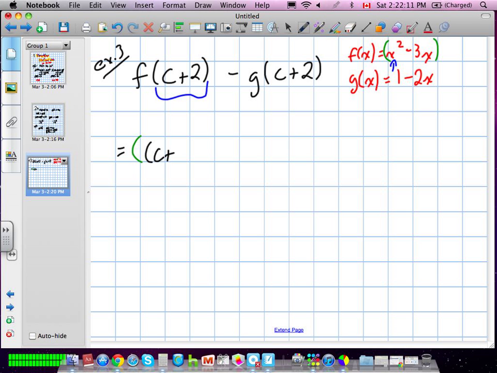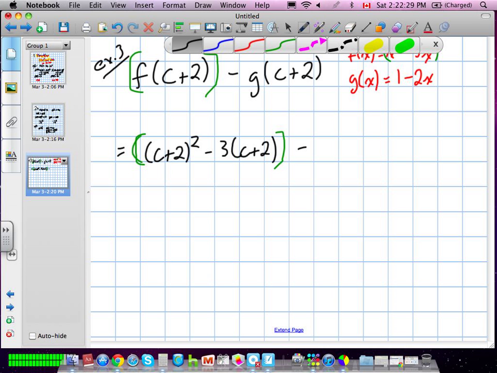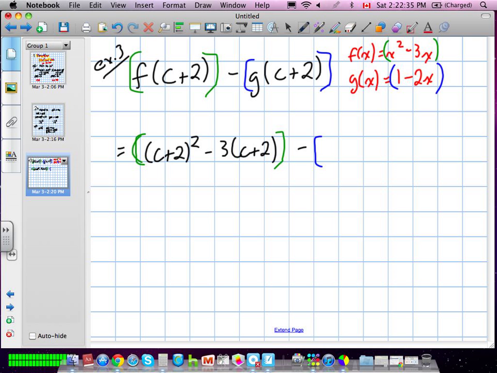And I'll put brackets around it again, that is the first function here. That's what we've just plugged in. It then says to subtract the next function, which we'll outline in blue here. And the next function deals with this, which is the number 1 subtract 2, and it says to replace x with c plus 2 again, c plus 2, end brackets.